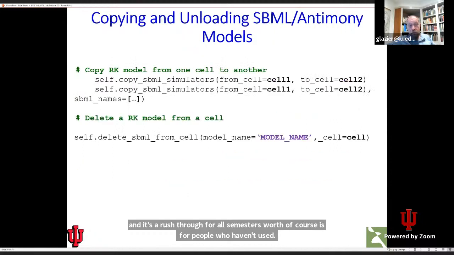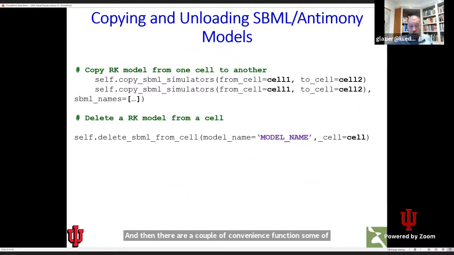And then there are a couple of convenience functions, some of which I didn't discuss. As I say, you can set the integrated parameters for the SBML. Sometimes we want to actually copy a model and its state from one cell to another, so we can basically clone an SBML model. So there's a copy, which we can do.